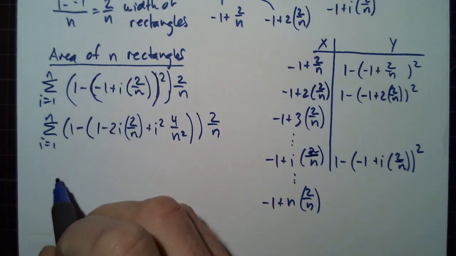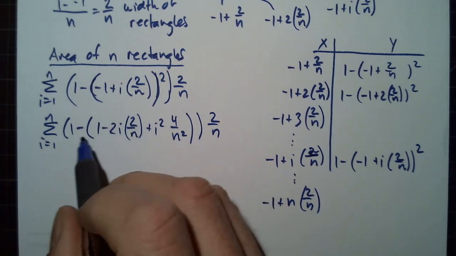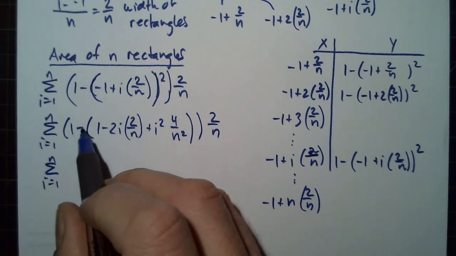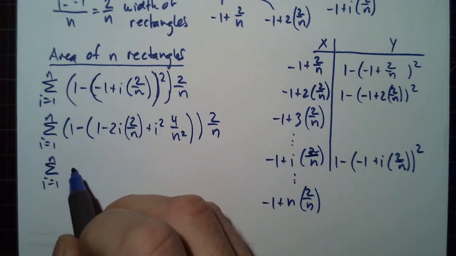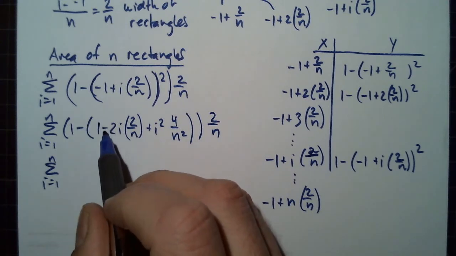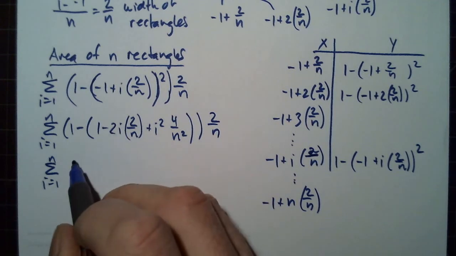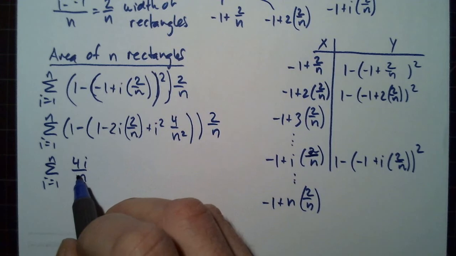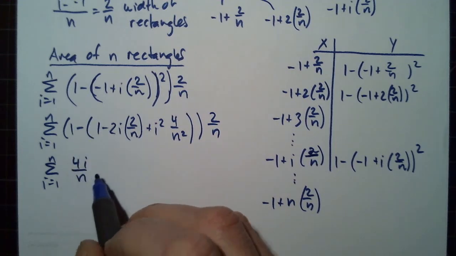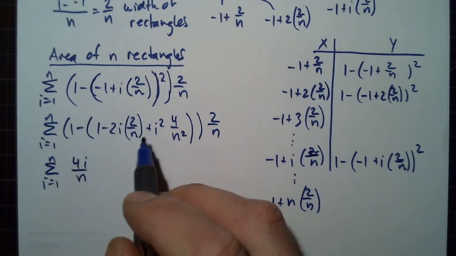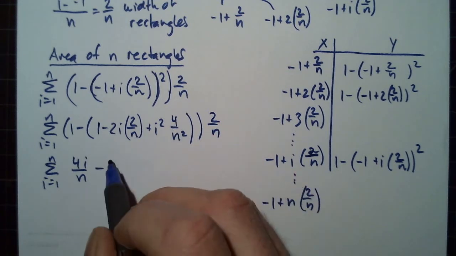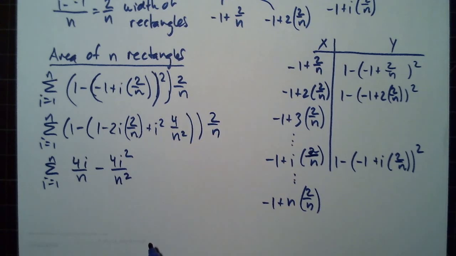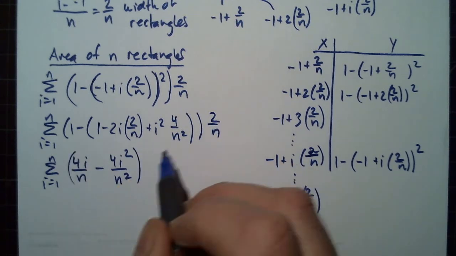Let's write it one more time. 1 minus 1 is gone, and then we're going to go minus a negative, so that's going to be positive 4i over n. 2 times 2i over n, negative times negative is a positive. And we're going to go negative 4i squared over n squared, and that's times 2 over n.